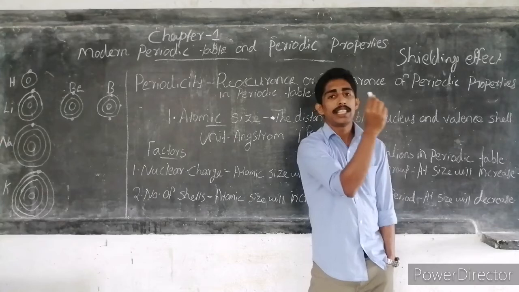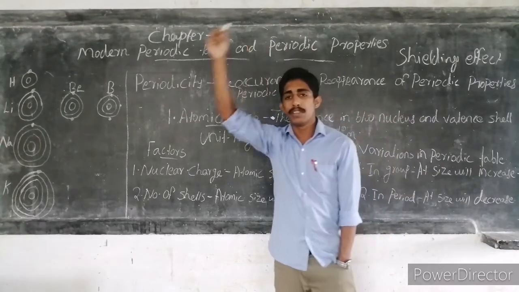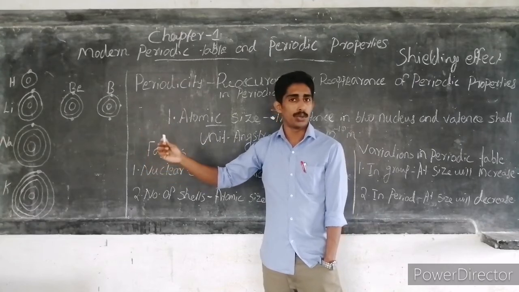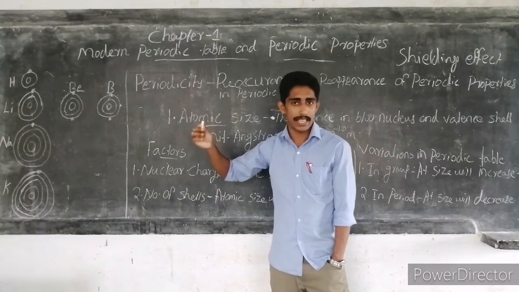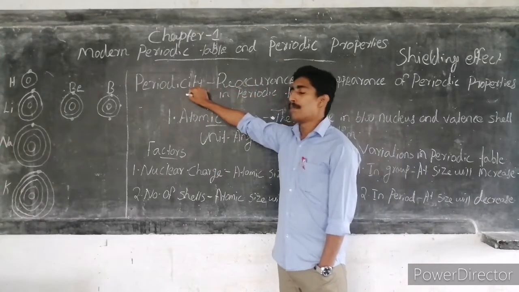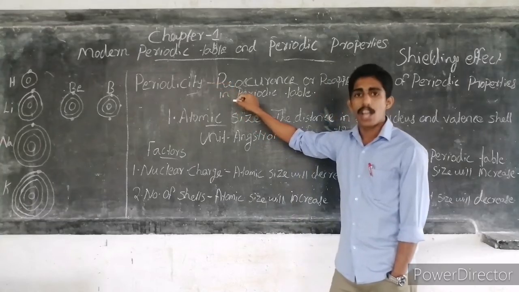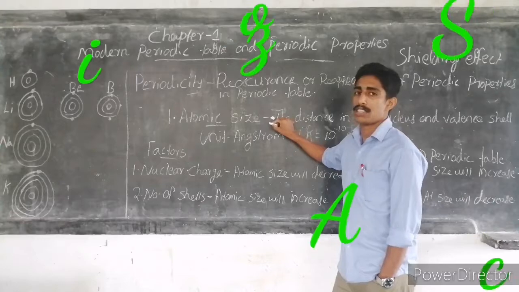Then after reaching the last group, that means the 18th group, again we come to the first group. Then the metallic properties reappear. That property is known as periodicity. I hope you understood.